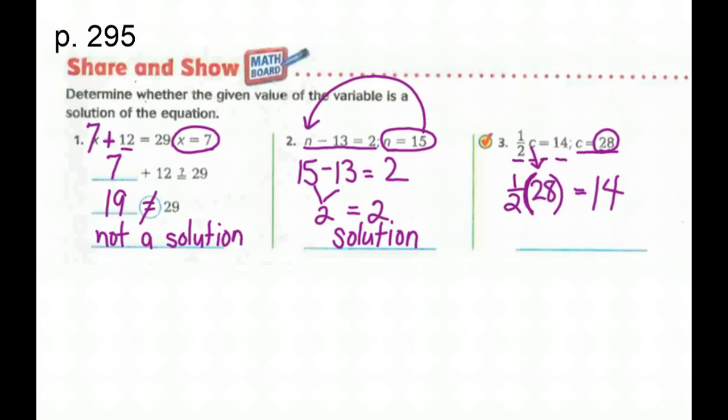A couple things you have to remember here is when you're multiplying fractions, you multiply the numerators and you multiply the denominators, and then you try to reduce or change any improper fractions.